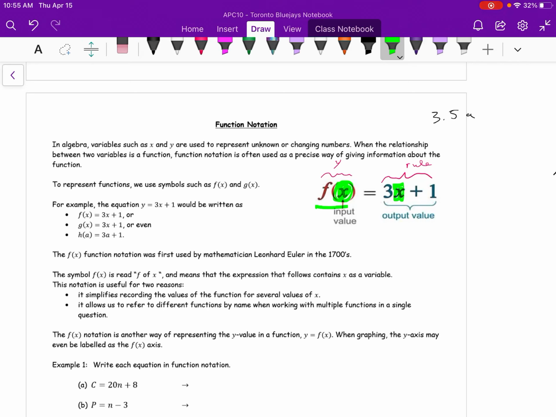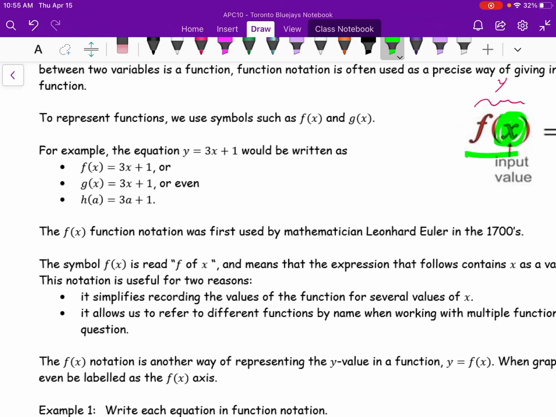So naturally, so far in grade 10, a lot of our independent variable has been x, so we will continue with this. However, we don't always need to have f of x. We might have a function h, and my input is a. So I have this function h, which might be height, h for height.